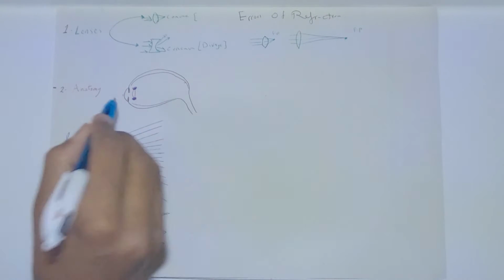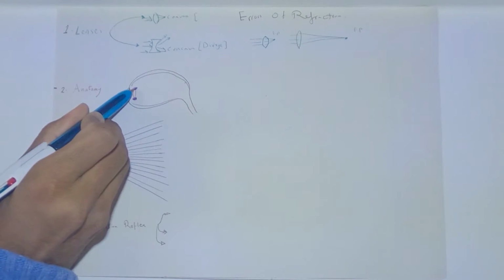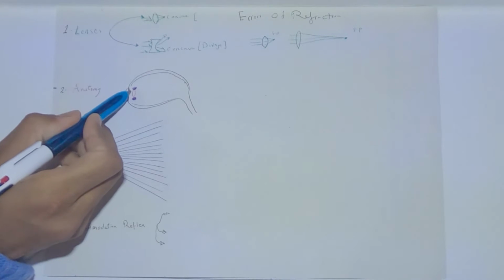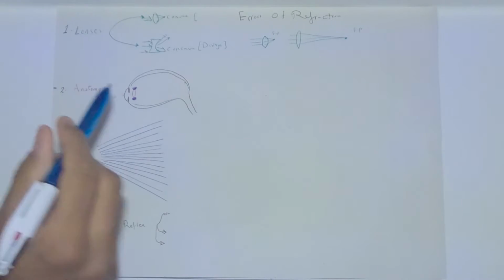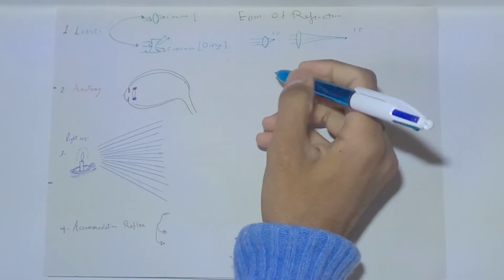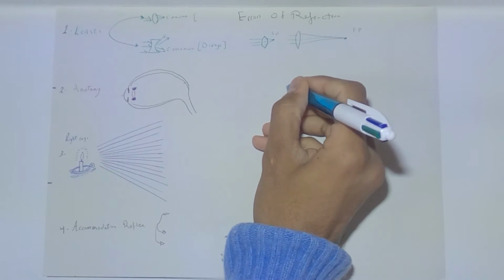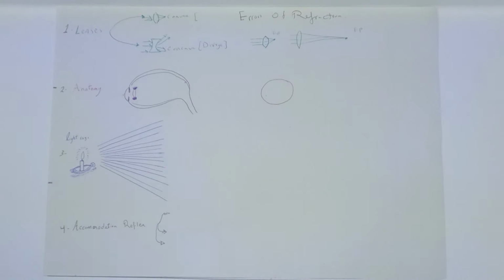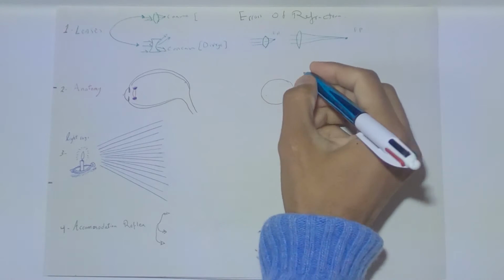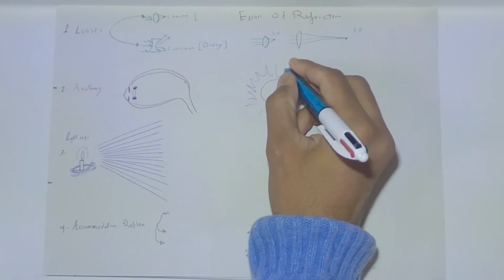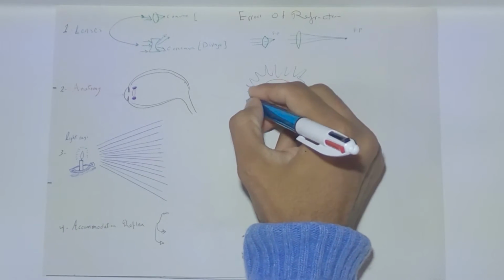So the lens itself is attached from all around. I know that because we take this section of the eye, you always see the drawing like this. But actually, if you cut the eye like that and look at it from behind, you will see the lens looking like this and attached from all around by the zonules and ciliary muscles.